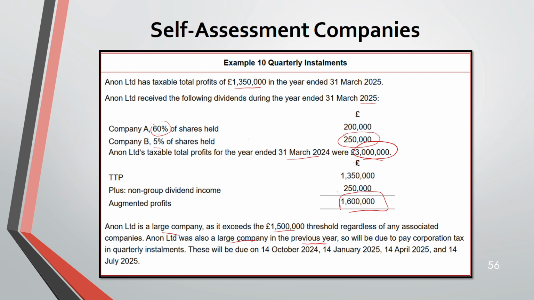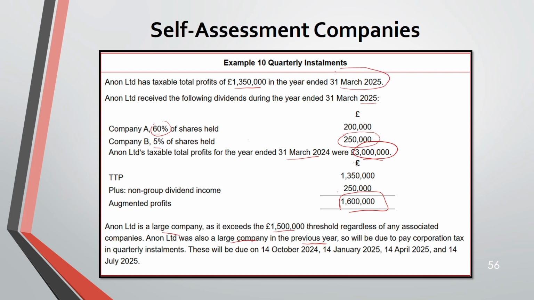When are they going to pay? Now you will understand this better. If you get the first installment right, the next 3 installments automatically will follow on. Just keep on adding 3 months to it. So first installment, 7 months from the end of the accounting period.